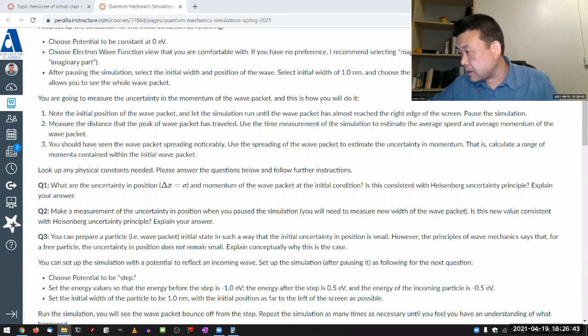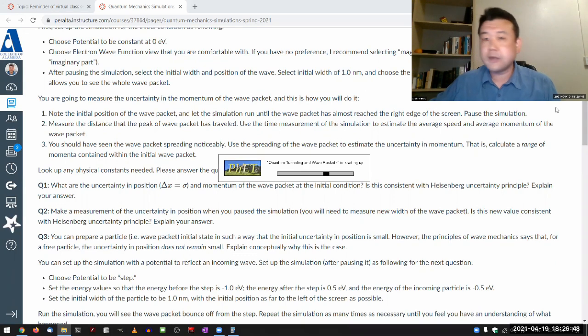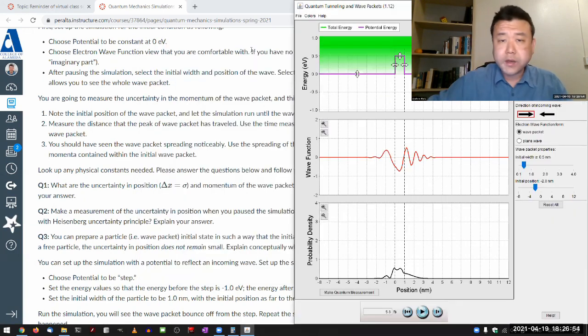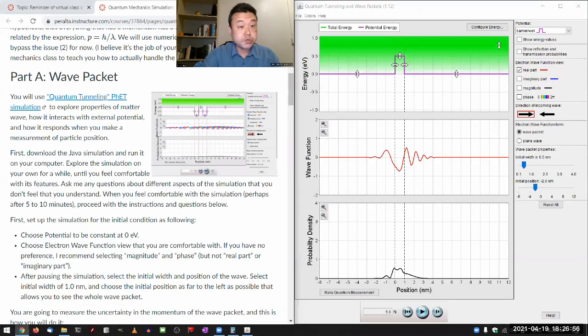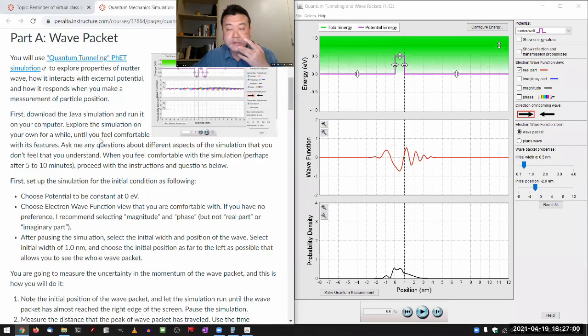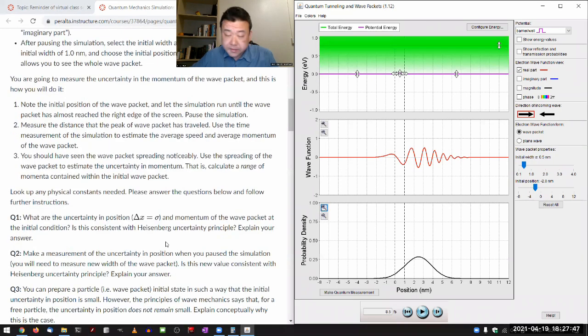So let's see here. Let me just launch this simulation that we were looking at last Friday, to see if there's anything here that we didn't quite go over that maybe we should. Possibly, by bits and pieces, we already did everything. So I think there was really one thing that I wanted to demonstrate.